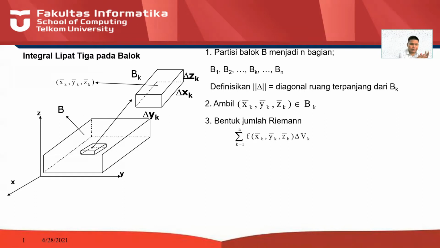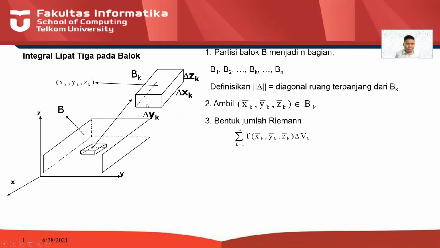Now the f here is a function of three variables, evaluated at the point xk, yk, zk, and multiplied by delta Vk, which stands for the volume of this smaller box Bk.